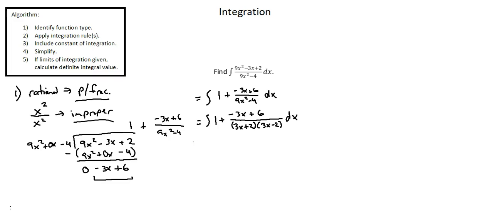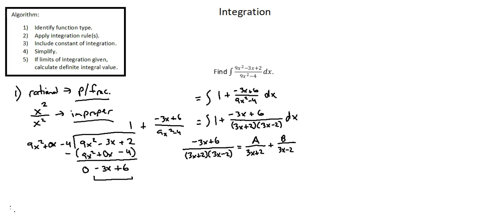I have the fraction negative 3x plus 6 over 3x plus 2 times 3x minus 2. I'm going to set this equal to my partial fractions setup. Since my two factors are both linear, and both of the factors in the denominator, the degree of x is 1. I'll set up my first fraction as A over the first linear factor, 3x plus 2. My second fraction will be B over 3x minus 2.